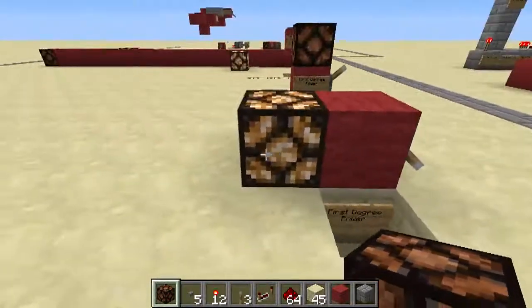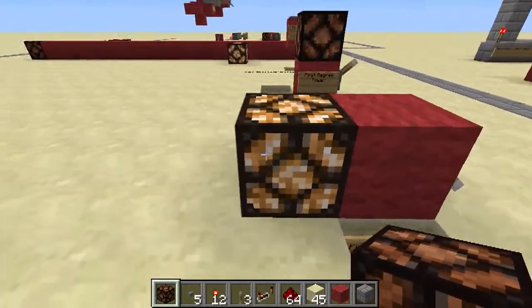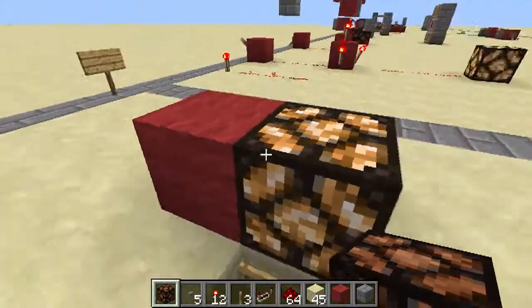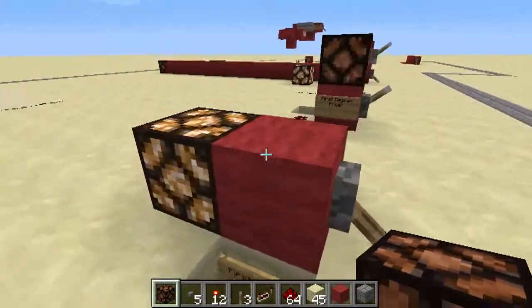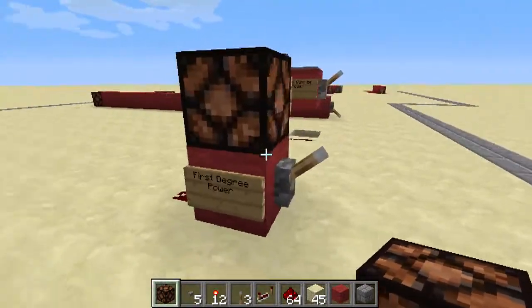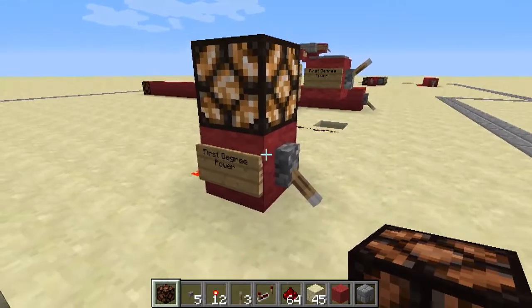So what this means is first degree power is a block which has energy in it and is ready to share to a second degree power block, which is usually an output. And that's basically the concept of first degree power and second degree power. So again, we have another setup here. We turn the lever on, this block gets energized, first degree power.